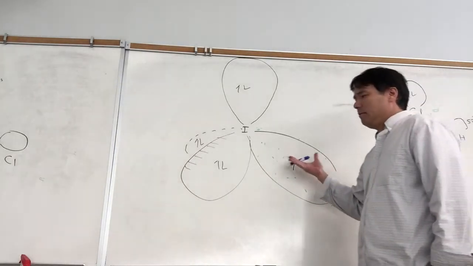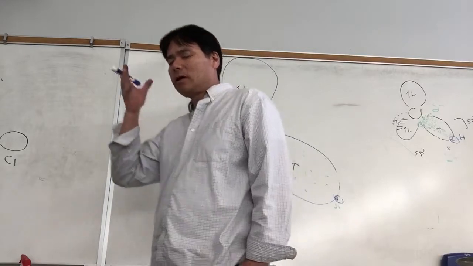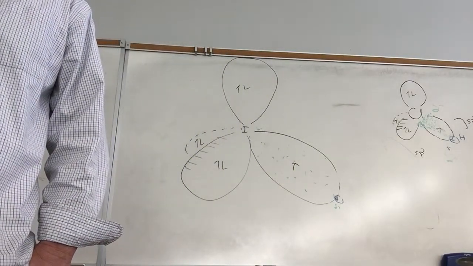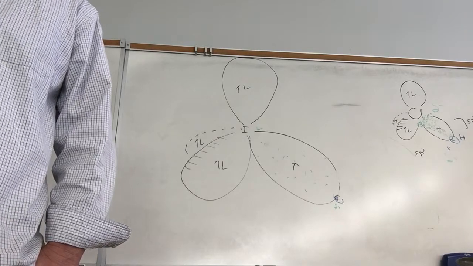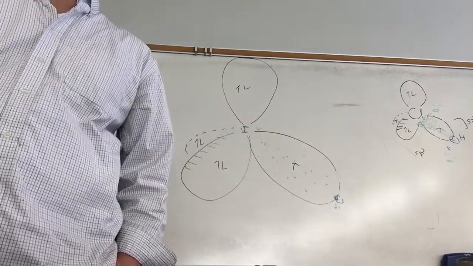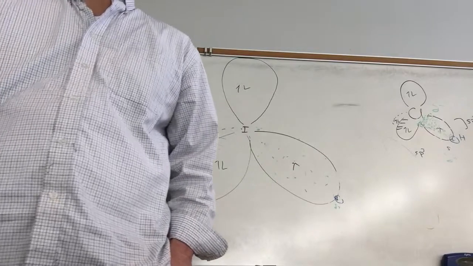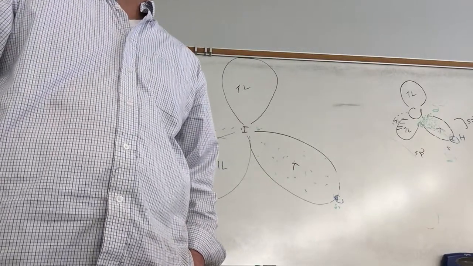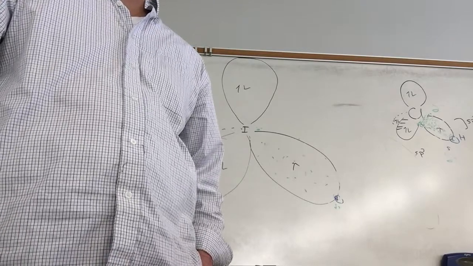And so we go through and we try to figure out what kinds of properties we can correlate with the structure, including redox or whatever else. Iodide versus chloride, which one's a better reducing agent? Can you tell me right off which one? A good reducing agent will give up its electrons.